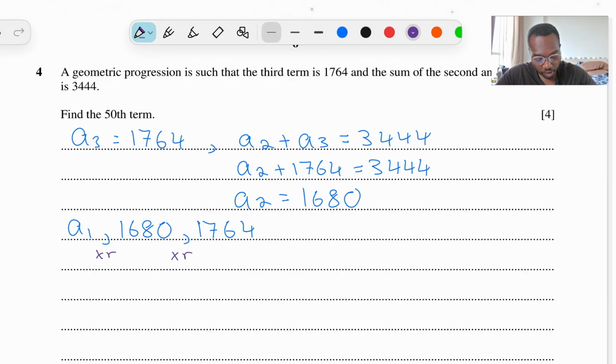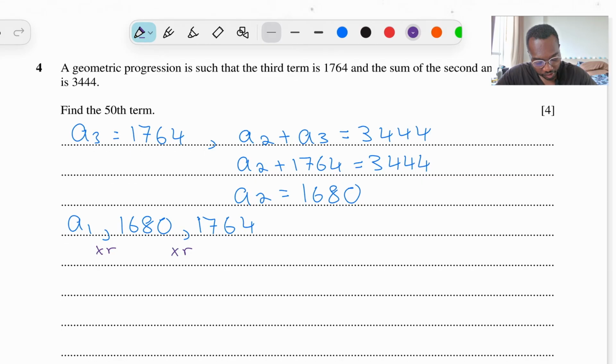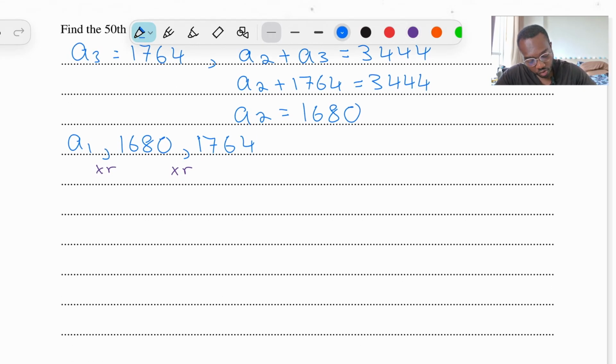So if we know the second and third term, we can work out our R value straight away. If we just do 1,764 divided by 1,680, in your calculator you will get exactly 1.05. So we know that our R value is 1.05. We're multiplying by 1.05 each time.